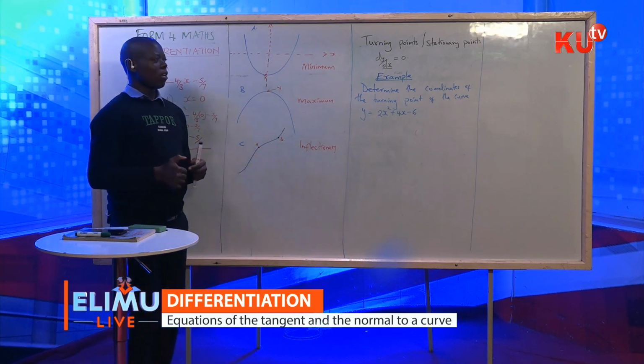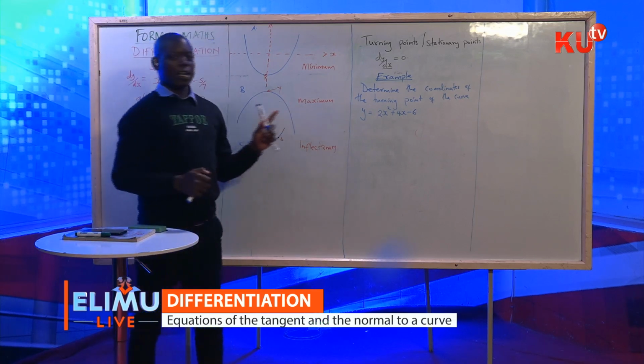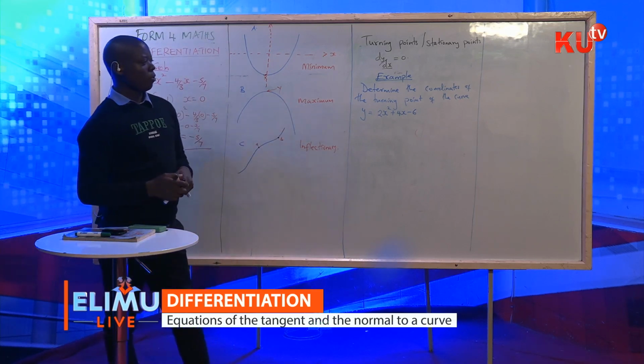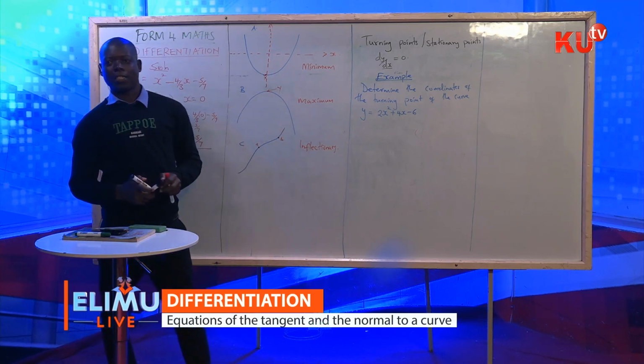We determine the coordinates of the turning point of the curve y equals 2x squared plus 4x minus 6.